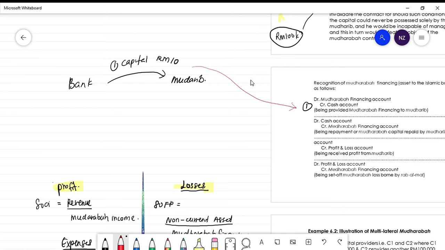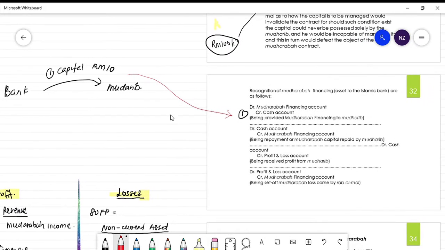So how do we record it in the journal? Like this. We have to put ourselves as the bank. When the bank first enters into the new contract, we record it as the mudharabah financing contract. We have to open the mudharabah financing account.